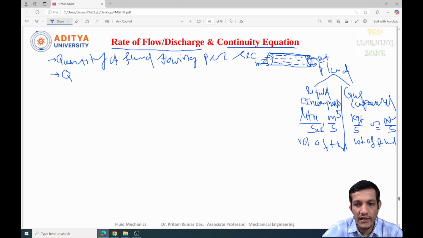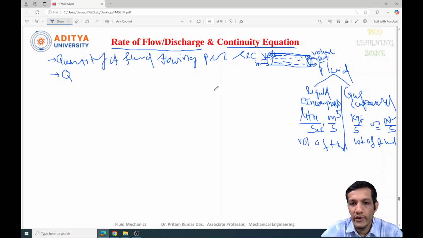But here, the quantity of fluid, that is the amount of fluid entering the pipe, we can express in terms of volume. The volume of fluid going inside the pipe is the same volume coming out. So how can we calculate or define the rate of flow discharge?